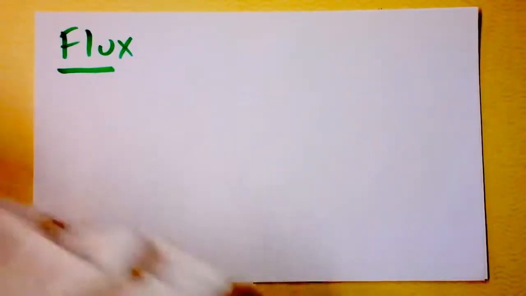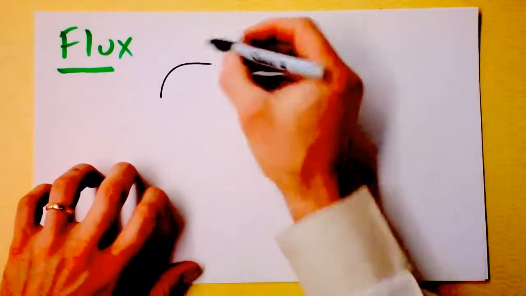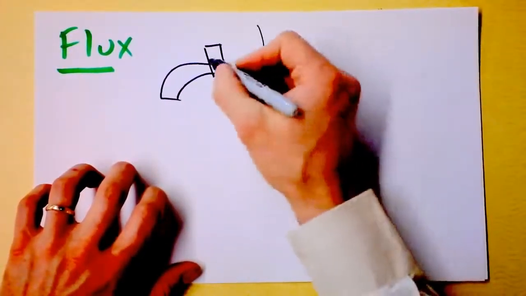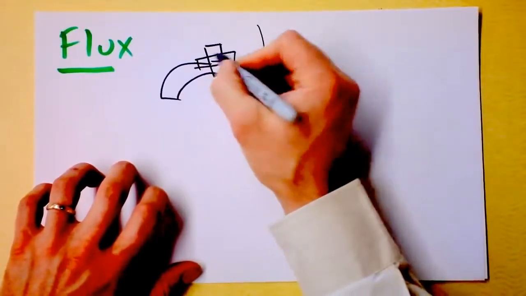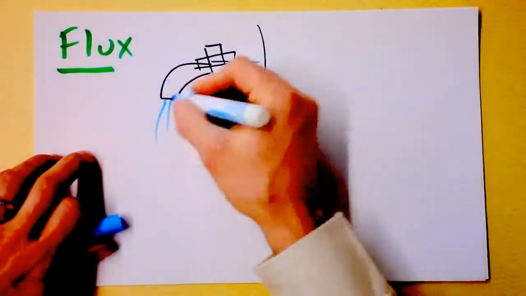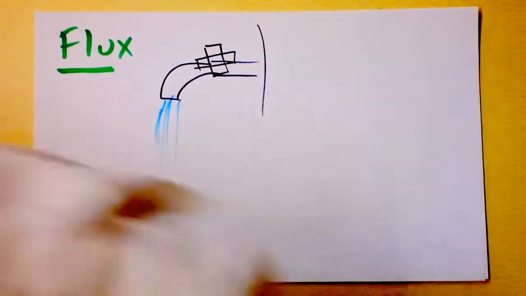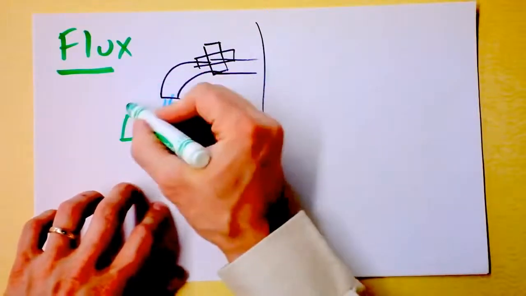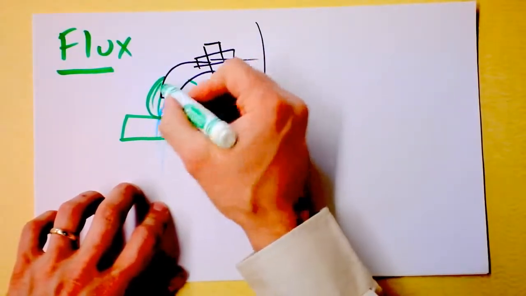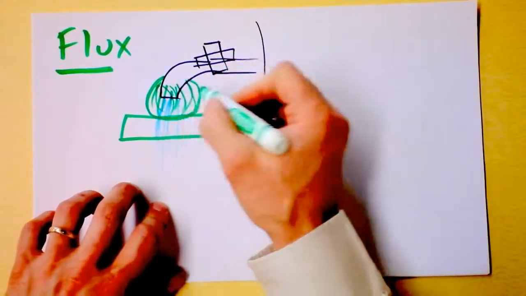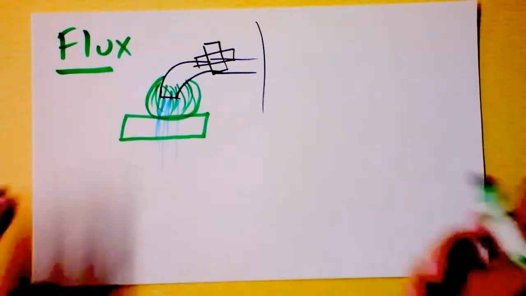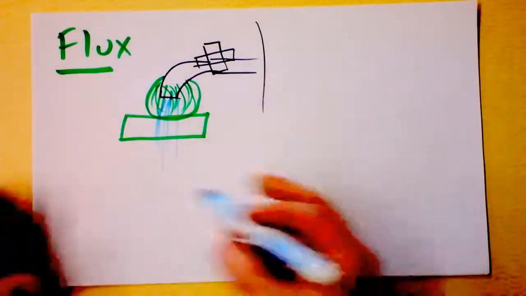So if you have a faucet, let's put a faucet here, we'll put a handle on it and say that out of this faucet is coming some water. And if water is coming out of the faucet, then you could put your catcher, you could wrap it around and make a solid surface. Can you imagine wrapping a mesh bag around the faucet and find that there would be net flux leaving from that faucet? And you could also say, there's a drain at the bottom of this thing, right?